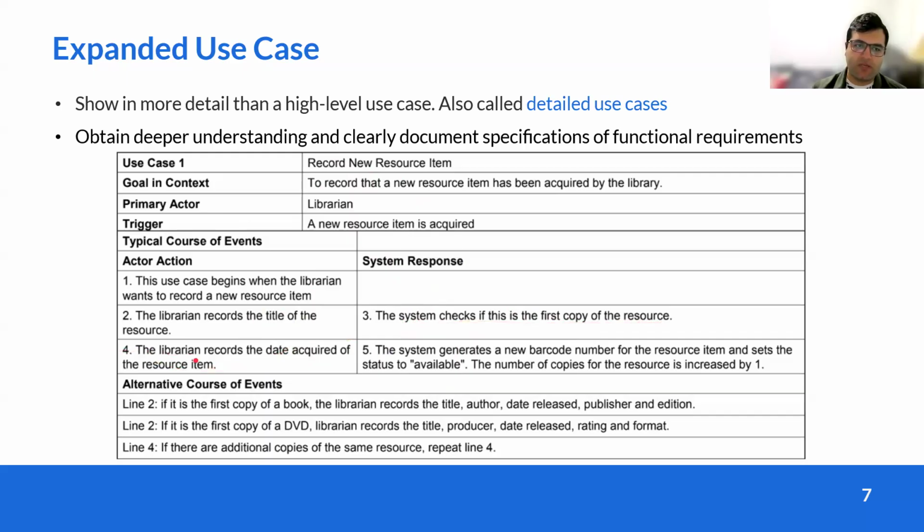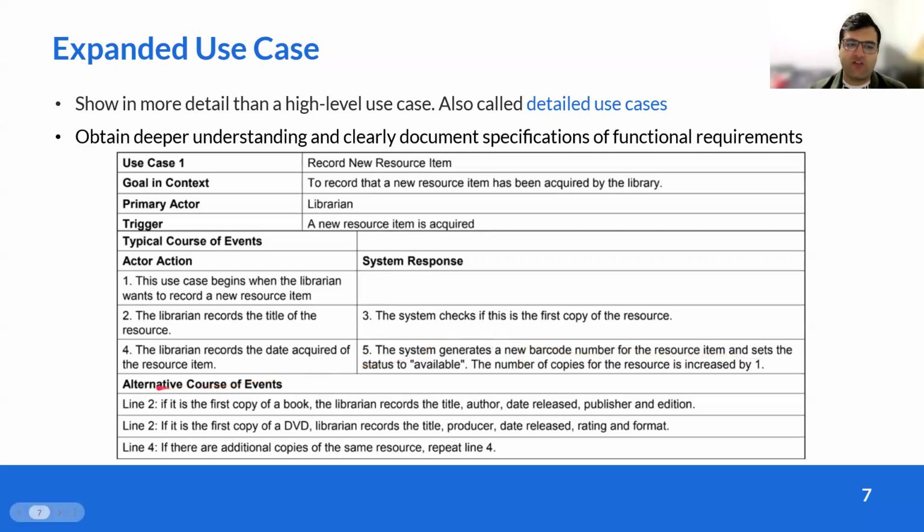If it is the first copy, the librarian records the date acquired of the resource item, and the system will create a barcode and set the status to available. These are things that the system developers would want to know: what happens, what the user should be able to do, and how the system should respond. And the number of copies is increased by one.